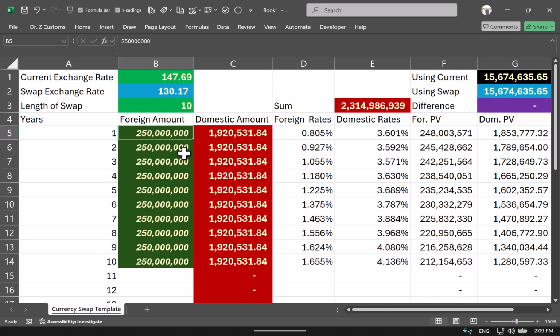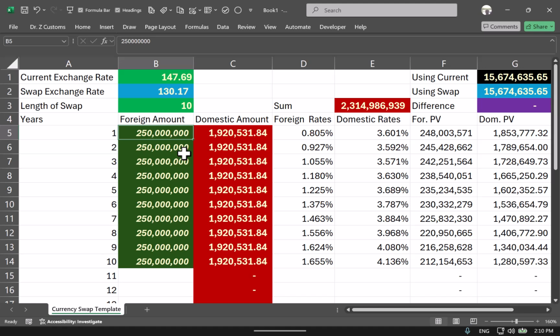The trouble with managing an exposure like this using short-term instruments, let's say 1 year from now, is that interest rates may run up quite a bit in Japan.